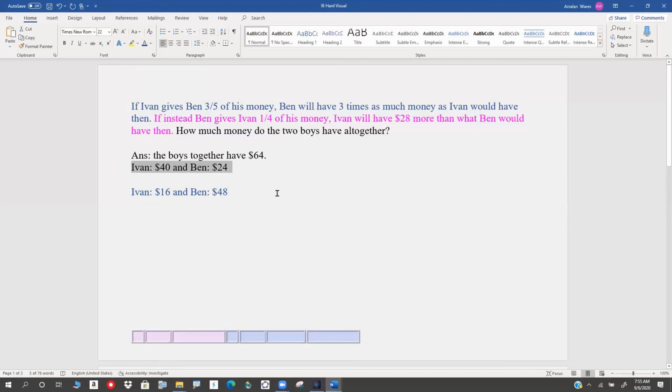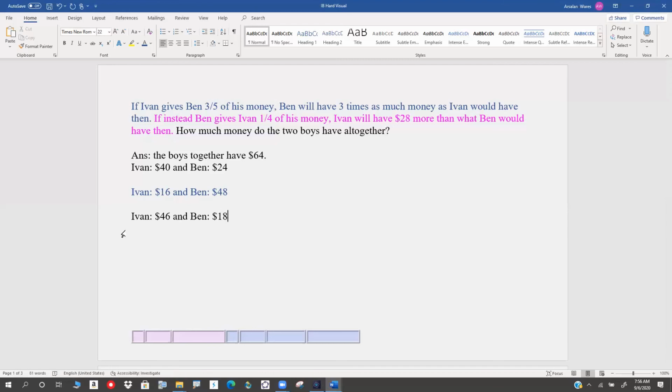What happens in the second sentence? If Ben gives a quarter of his money to Ivan, this time we're transferring from Ben to Ivan. Ben had $24. A quarter of his money is $6. If you transfer $6 from Ben to Ivan, Ivan will have $46. And if Ben gives away $6, he's left with $18.